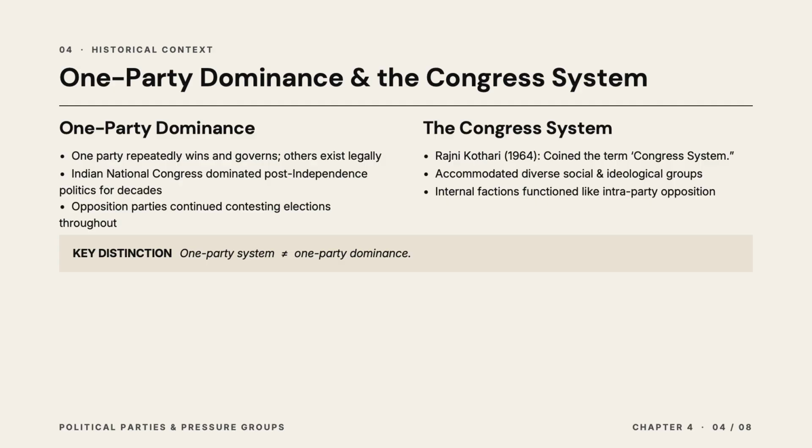Intra-party means opposition within the party, not inter. Inter means between two political parties, right? Intra means within. Whatever conflict you have inside your heart is intra-heart, and if you have conflict with your friend, it's inter-conflict. So intra-party opposition, that's how they managed, that's how they dominated.